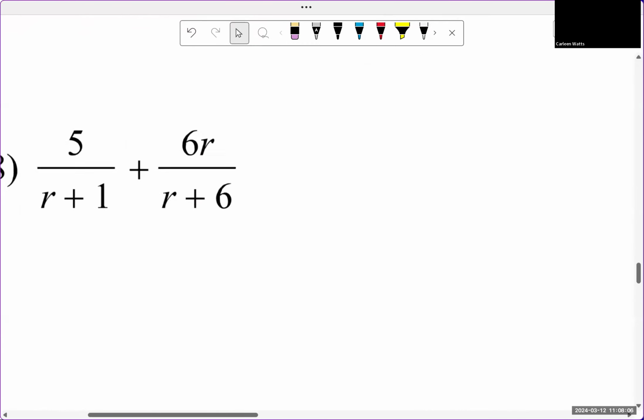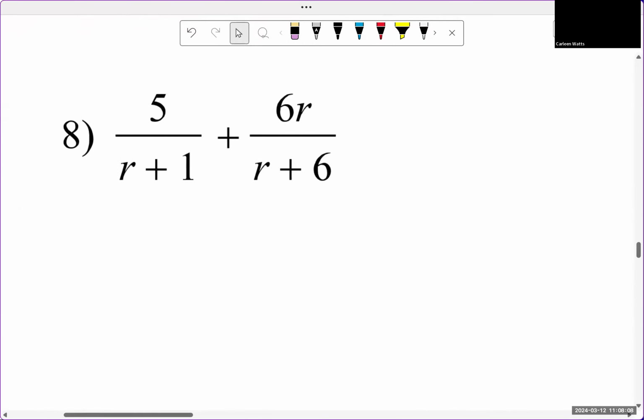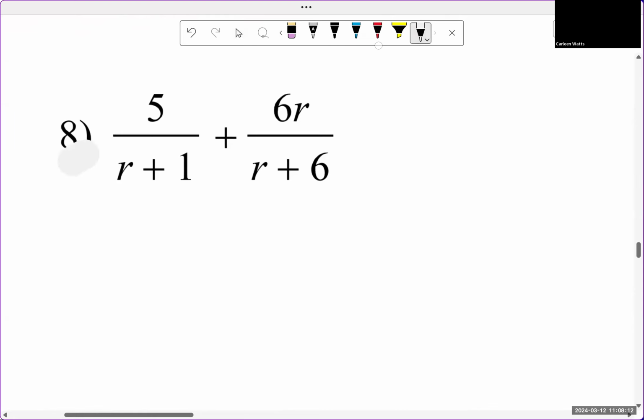Now, ooh, boo. Number 8. Why are we not excited about number 8? Different denominators. Yeah. Now, least common denominator. First, do we have an expression or an equation?